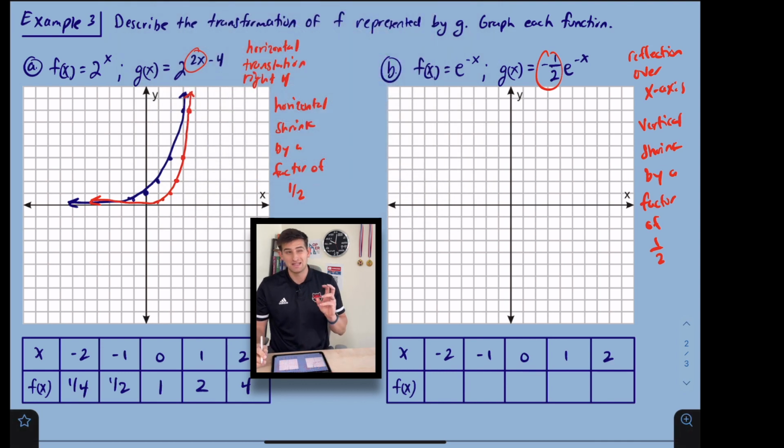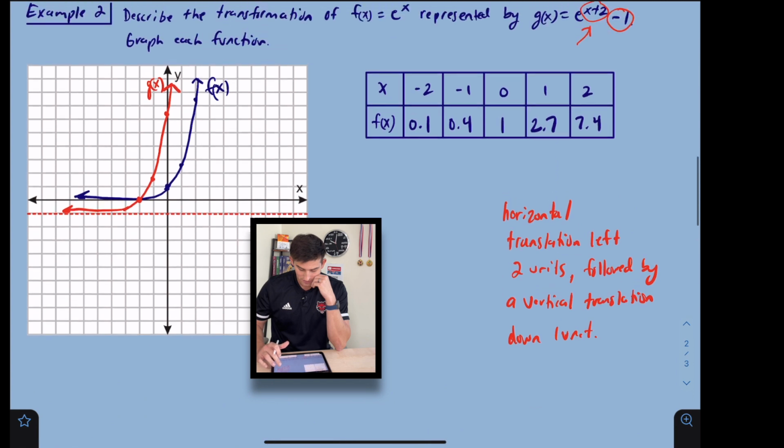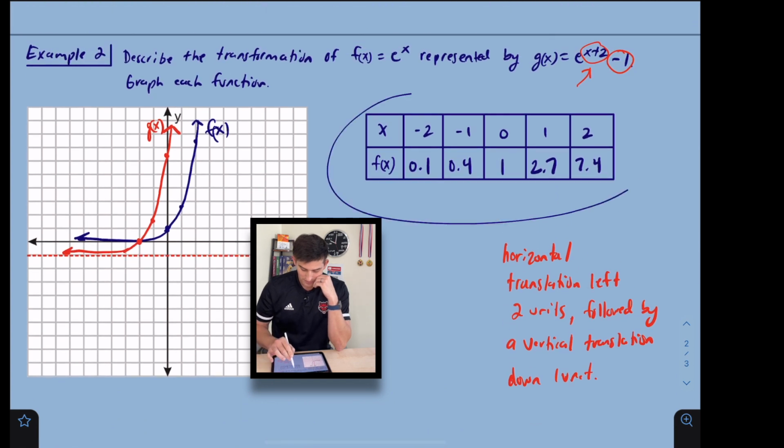We know it's e to the negative x, right? So if we're making x opposite there initially, it's like we're reflecting over the y-axis. So it's just like graphing our natural base function e to the x, but flipping it over the y-axis. Okay, so if we go back to this graph right here, where we had this table of values, basically, we're going to switch what we have here, okay?